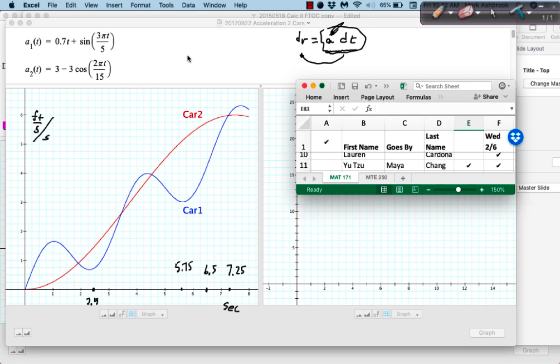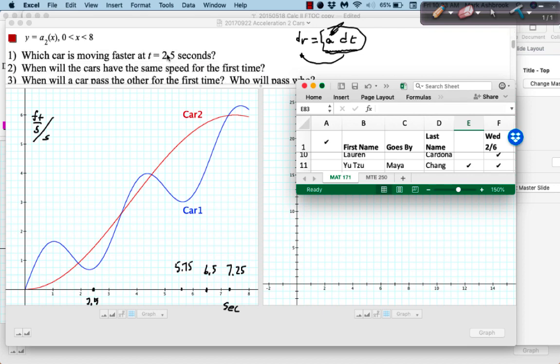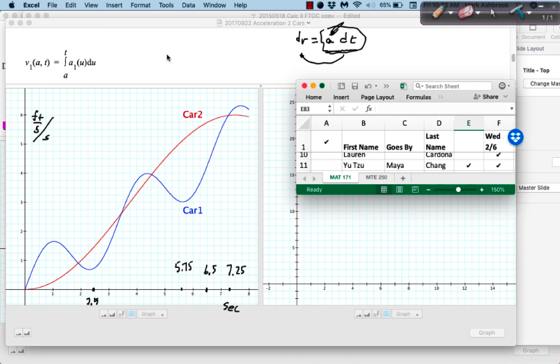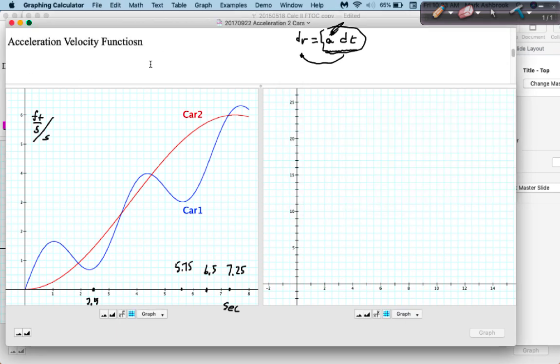Okay, Maya, did you write the first velocity function for car 1? Integral from? Okay. I think, yeah, so that's what she said.